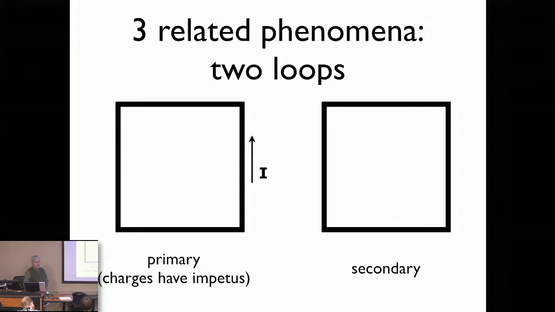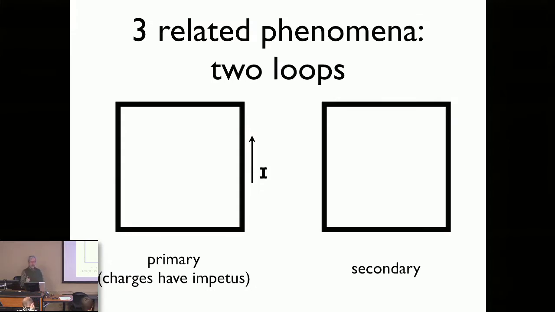So let's suppose we have two loops. And they don't have to be square, but I just drew them as square. And we have current flowing in the left loop. I'm going to call that the primary. That's the one that starts off with current in it. So there are charged parts inside that are moving. And the wire loops themselves are electrically neutral. That is, they have just as many positive as negative charges. So there's no net charge on this thing.